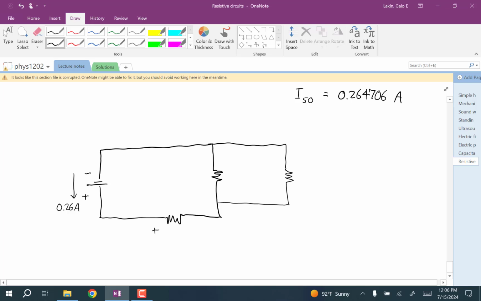Then at this resistor, the 50 ohm resistor, we have a current of 0.26 amps and a voltage of 50 times that 0.264706. So 13.24 volts.